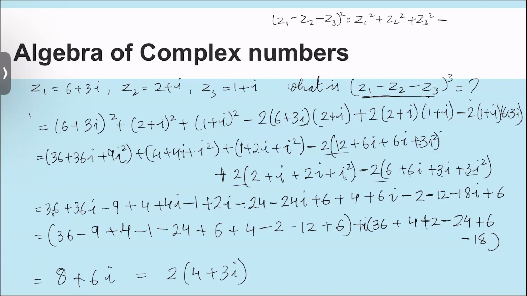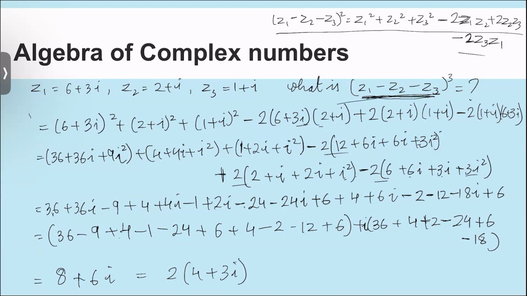Since we have the minus sign, the first term we have is minus 2 z1 z2, but we have plus 2 z2 z3, and we have a negative term again as minus 2 z3 z1. So we used this identity and found the answer for this expression.